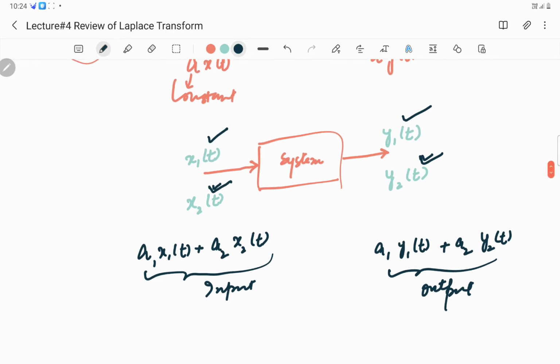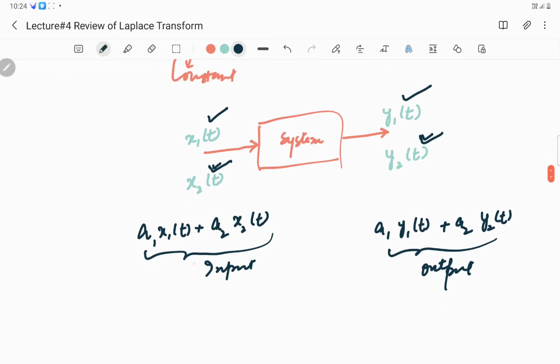So this is what linearity means. So this basically obeys the superposition principle.